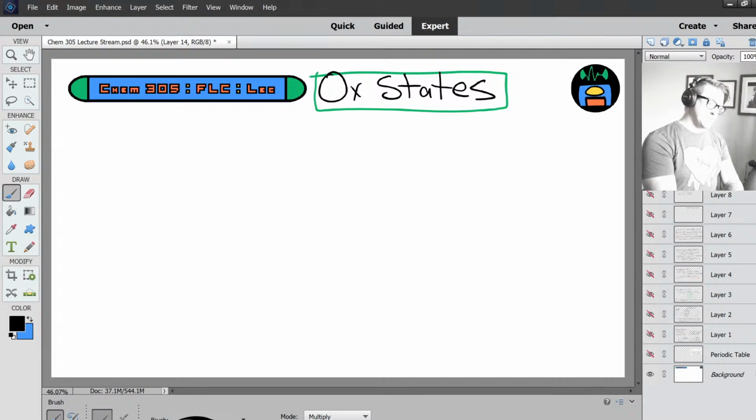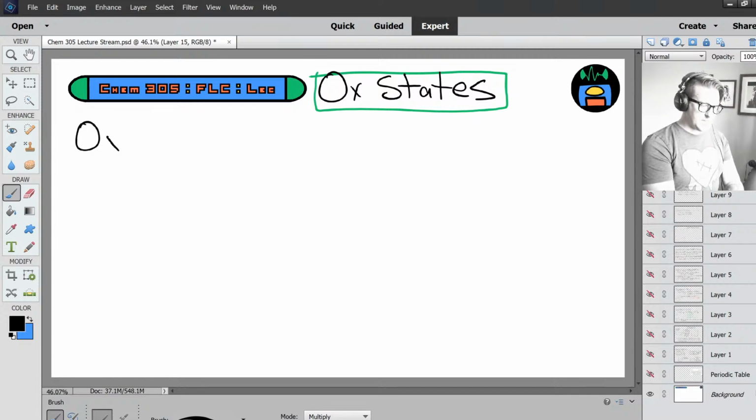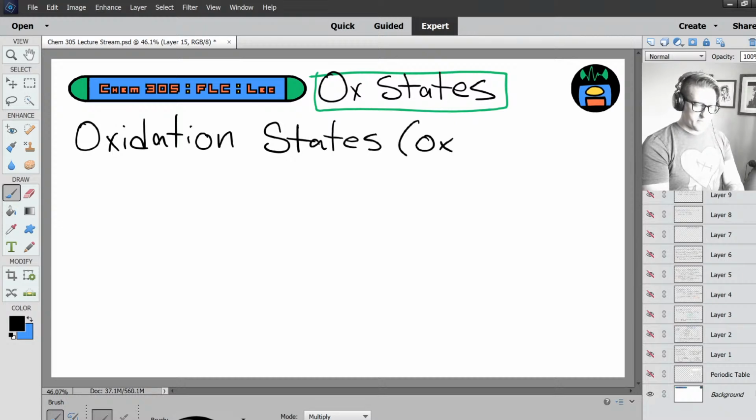So the first rule when assigning oxidation states. So I guess first off, before we talk about assigning oxidation states, I should tell you what these are. Oxidation states, which I will abbreviate from here on out as just this.